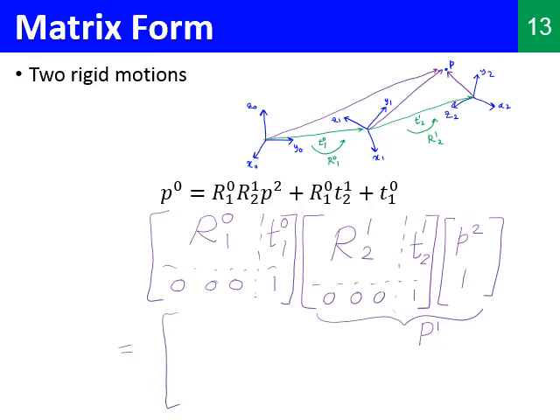Okay, now let's check what we get as the result. So we can have a resulting matrix and P2, 1, right? So we can multiply the elements, and let's see what we get. So first we have R01 times R12, and the remaining is 0, so that is our first element.